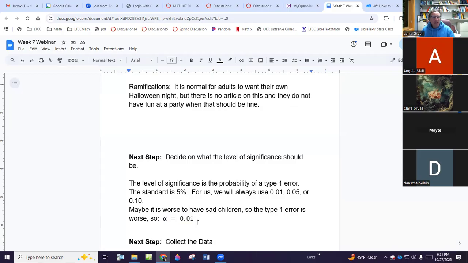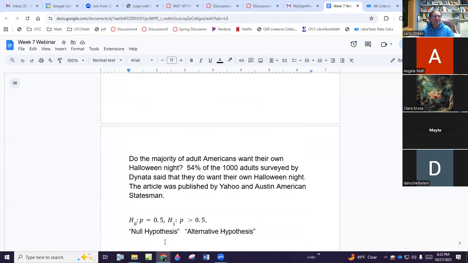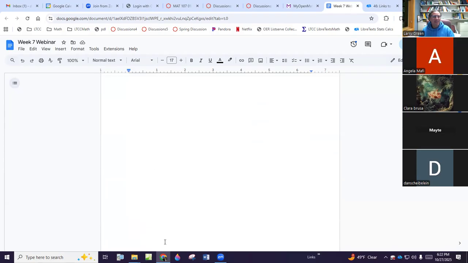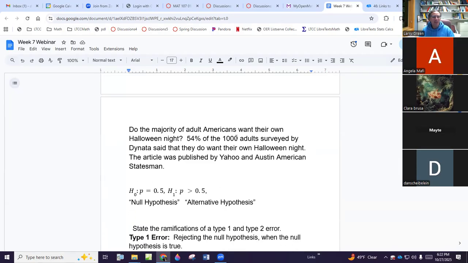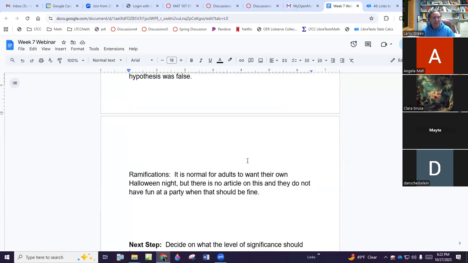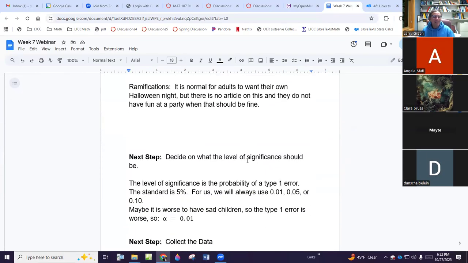So the next step is actually the hardest step of all, and that is collect the data. Because then you have to go like they did in this particular study. They went and surveyed 1,000 adults. You know how hard it is to get 1,000 adults to answer your survey question? So collecting the data is the hardest part in the real world. Now, we're not in the real world, we're in a class, so we just talk about it.